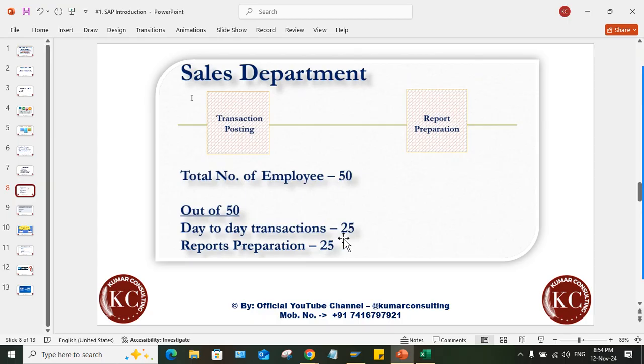So look, there is a benefit now. Earlier 50 resources were required; now with the help of ERP, only 25 people can handle the sales department.